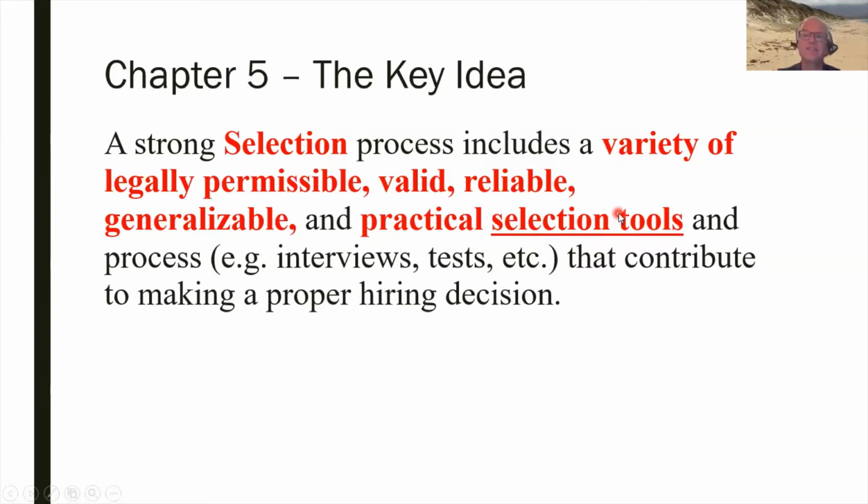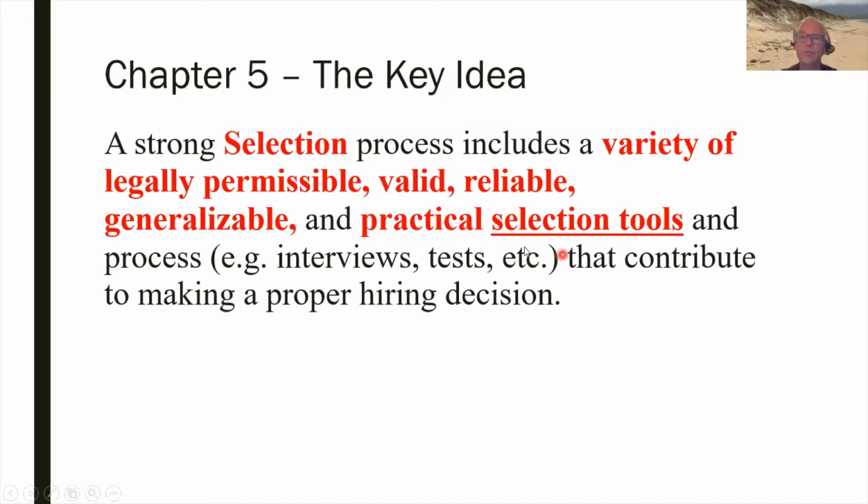All right, so a good selection process will have a variety of these things, and they must be legally permissible, valid, reliable, generalizable, and practical. All right, legally permissible you can probably figure out on your own. It's quite obvious. These other ones we'll go through in detail about what valid, reliable, generalizable, and practical mean.